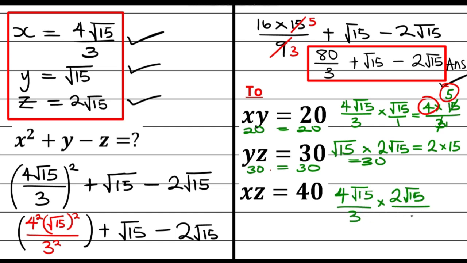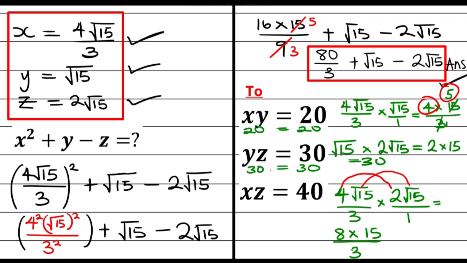Then we make this fraction looking also by saying over 1. Then we're going to say 4 multiplied by 2, that is 8. Then root 15 multiplied by root 15, and that is 15. So we have 8 multiplied by 15. Exactly as I am writing, 8 times 15. Then we have 3 times 1, that is over 3.